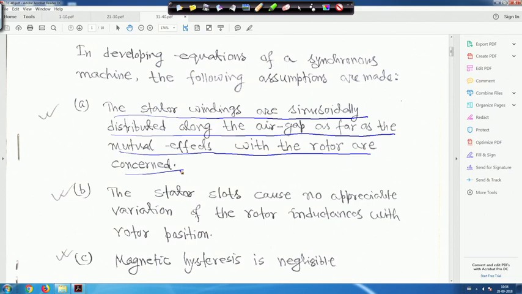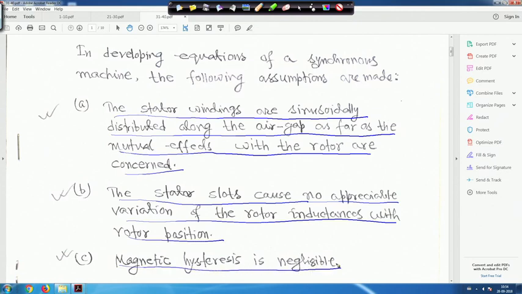The second assumption is that stator slots cause no appreciable variation of the rotor inductances with rotor position. Third assumption is that magnetic hysteresis is negligible, right.